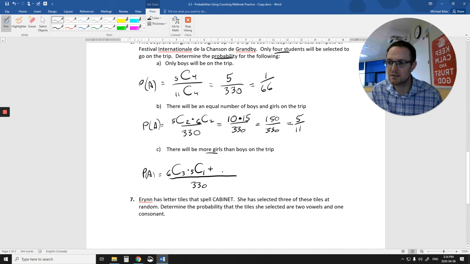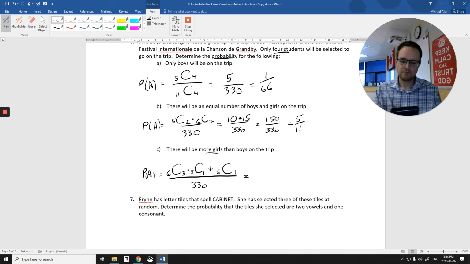But I also have another situation. I'm going to add them together because this is like saying at least 3 girls. So I have one more situation where I have 6 girls and I choose all 4. If you want to put in 5C0, that's not really going to do anything. Okay, let's see what we have here. 6C3. I'm sure there's other ways to do this. This is just the easiest way to do it.